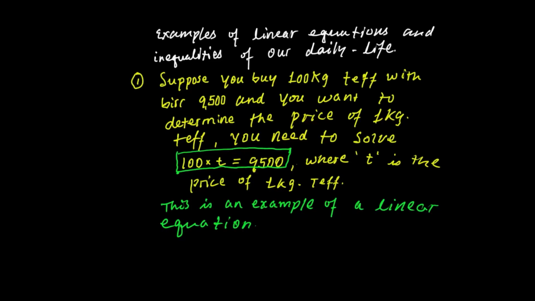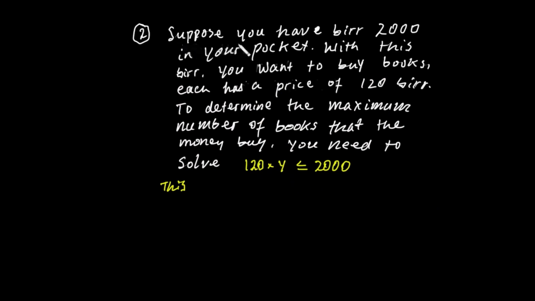እስቲ ወደ ሁለተኛ እንሂድ። Example: suppose you have ብር 2000 in your pocket. With this ብር you want to buy books, each has a price of 120 ብር. So to determine the maximum number of books that the money can buy, ስለዚህ ያለን ገንዘብ 2000 ሊገዛ የሚችለውን አጠቃላይ የመጽሐፍ ብዛት ለማወቅ ምን ሶልቭ ማድረግ ይገባናል?